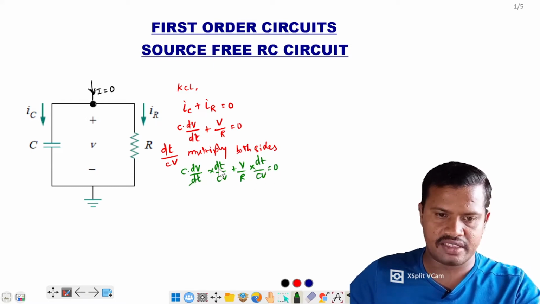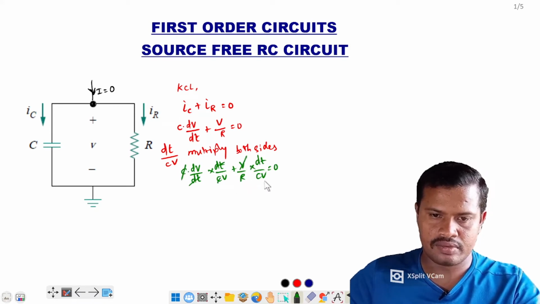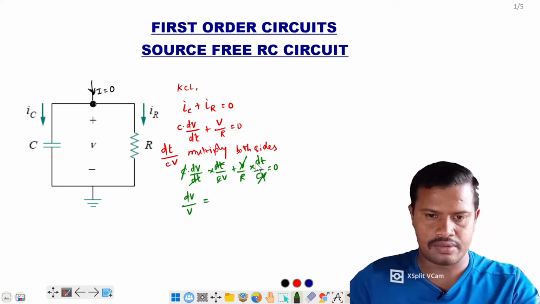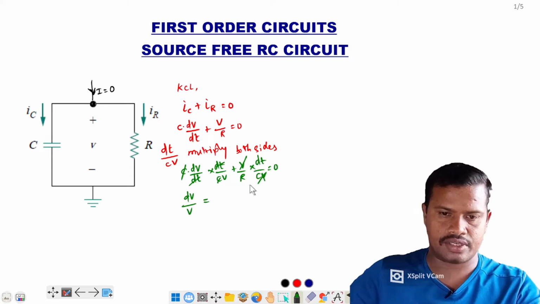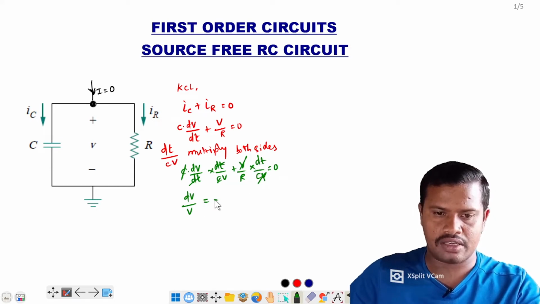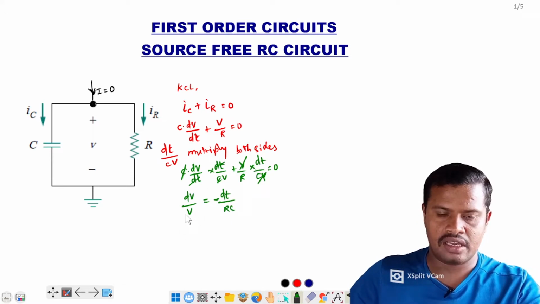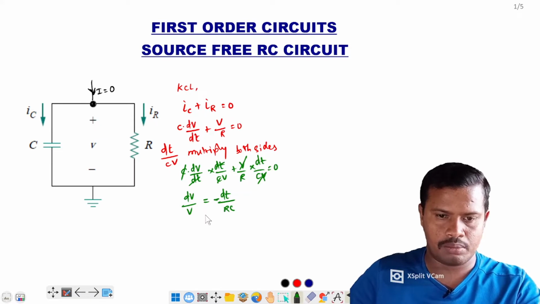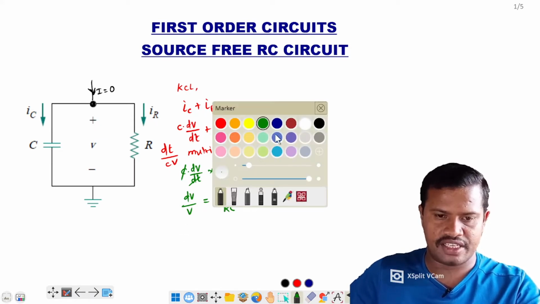On simplifying this equation, we get dV by V, and the remaining term is dt by RC. Transferring it to the right hand side, the equation becomes dV by V is equal to negative dt by RC. Now we are interested in the voltage value, so we will integrate both sides.